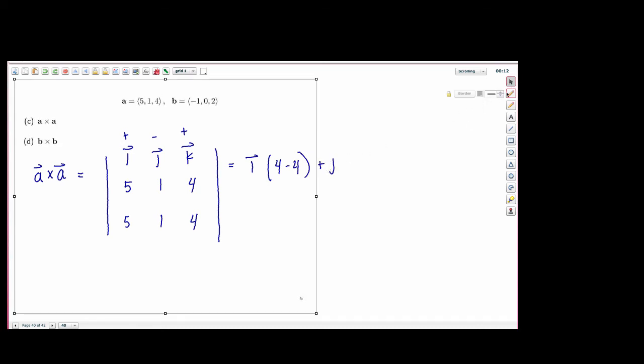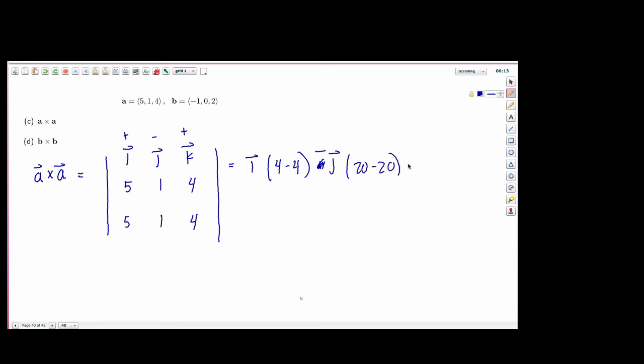So when we cross out j's row and column, we get 20 minus 20, and then plus k times, cross out k's row and column, and you get 5 minus 5. So we get 0 in each component, so A cross A gives us the zero vector 0, 0, 0.